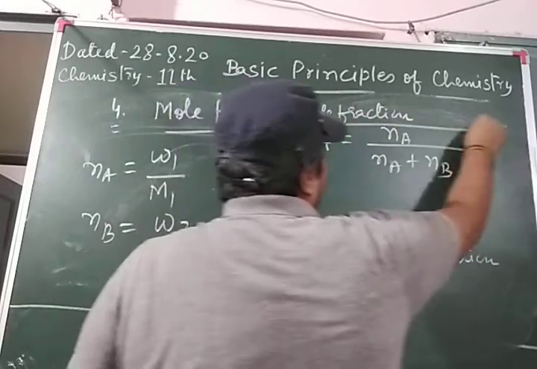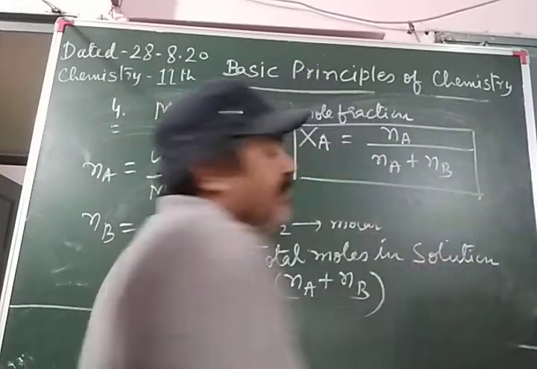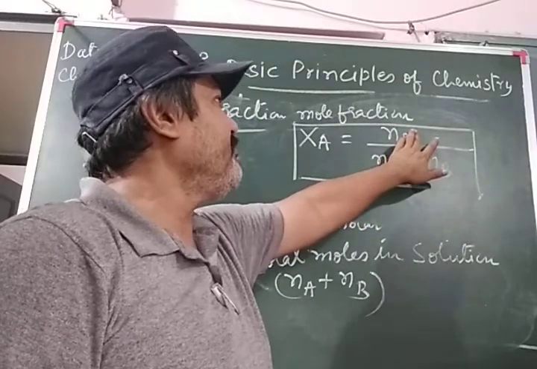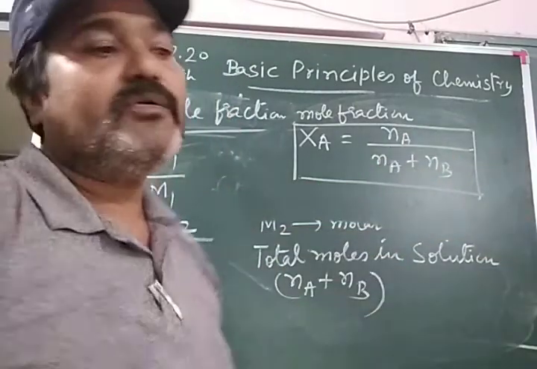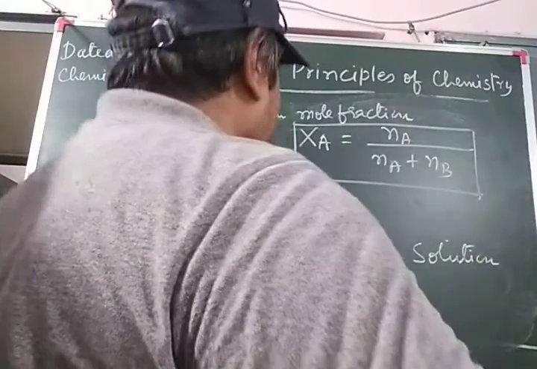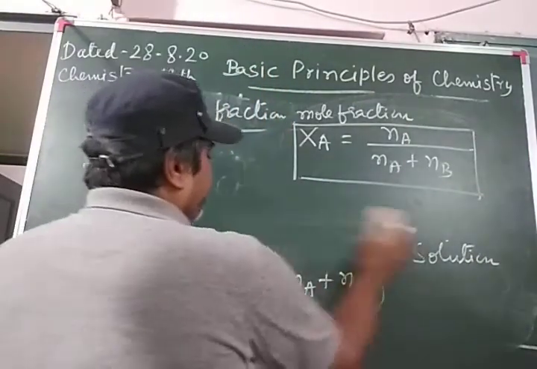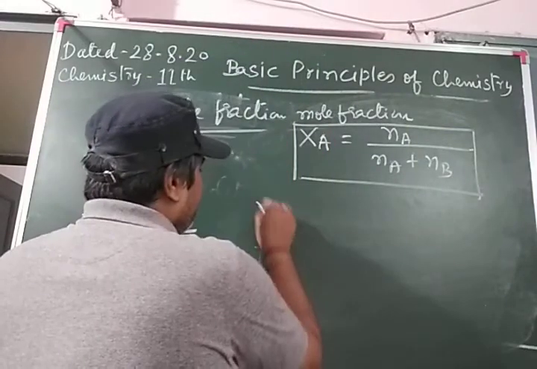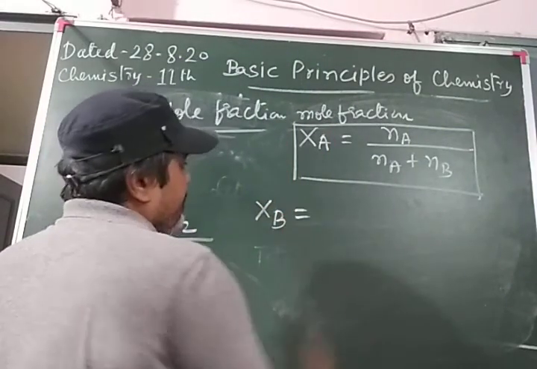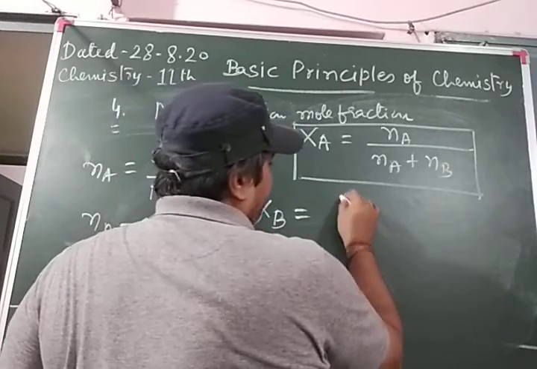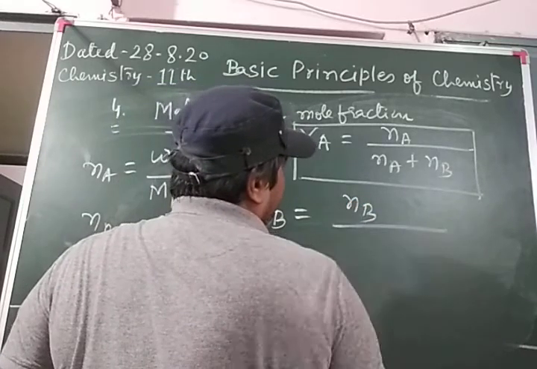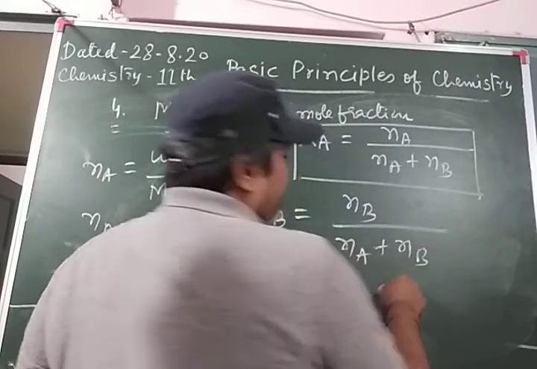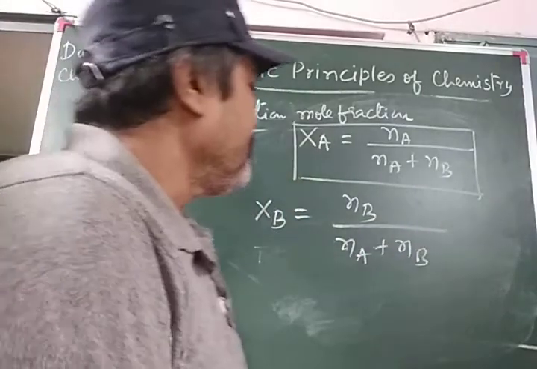So XA equal to Na upon Na plus Nb. Similarly for B, the mole fraction of B will be denoted by XB equal to number of moles of B, that is Nb upon Na plus Nb. Na plus Nb is the total number of moles.